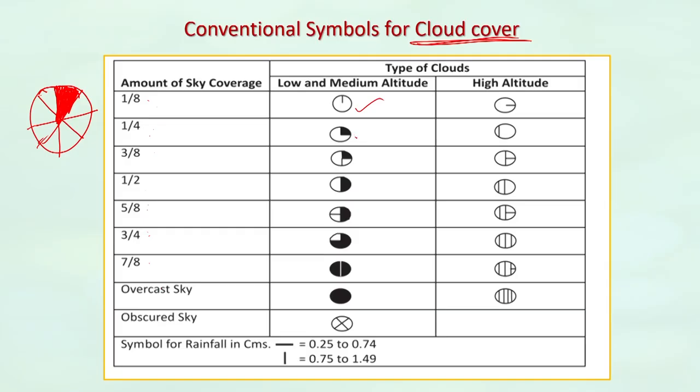If you see this symbol in a weather map, that area is experiencing 1 by 4th cloud cover. So, you can see different symbols representing the cloud cover, have the knowledge.